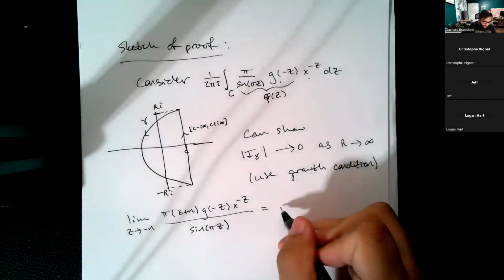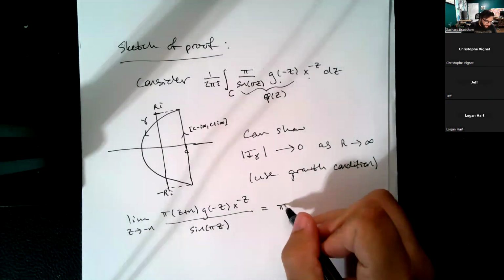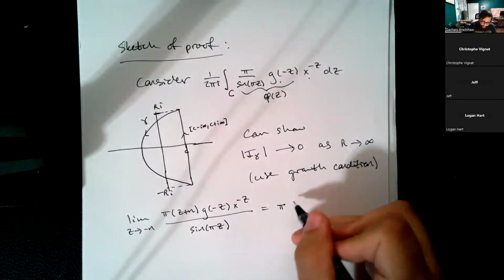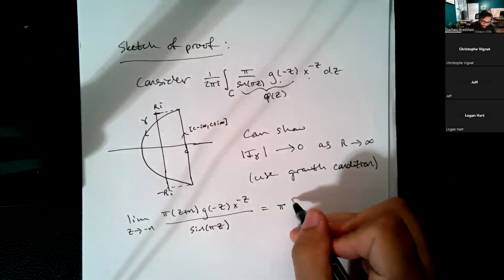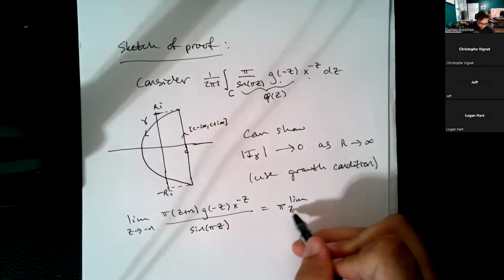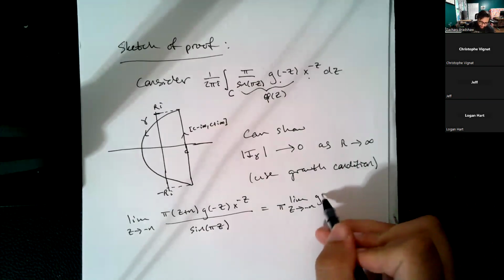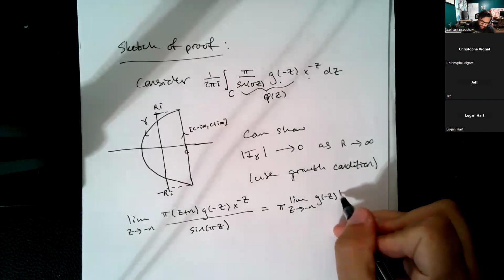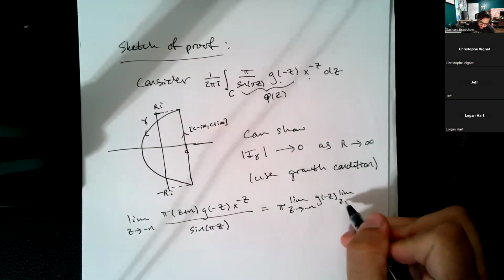And this comes out to pi times, there's going to be a limit. I'm going to use another trick here for computing residues that I didn't mention earlier.